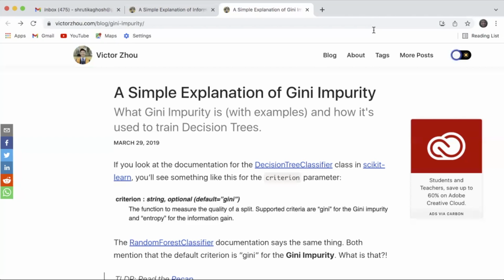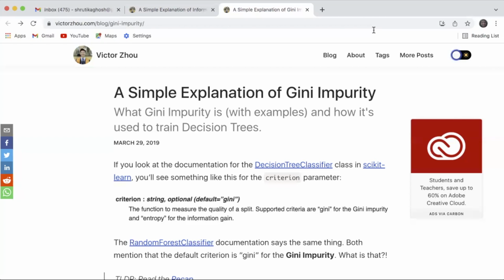So, what exactly was the Gini index? We sometimes call it Gini impurity. If a pure data set is there, then the Gini index for that pure data set is going to be zero.